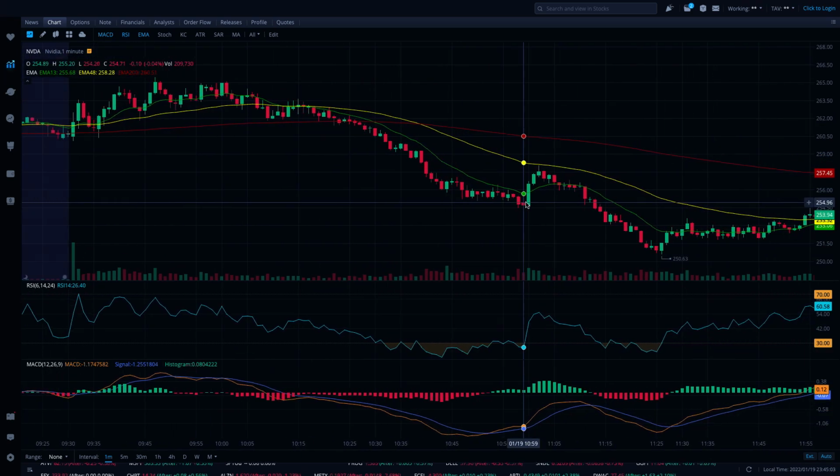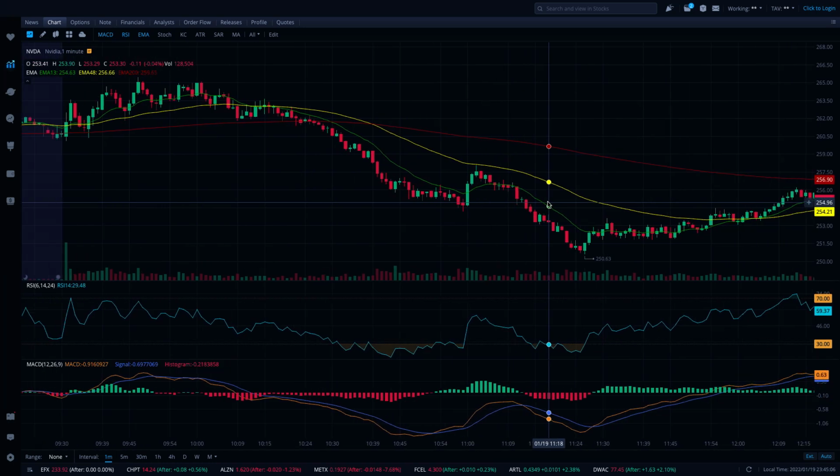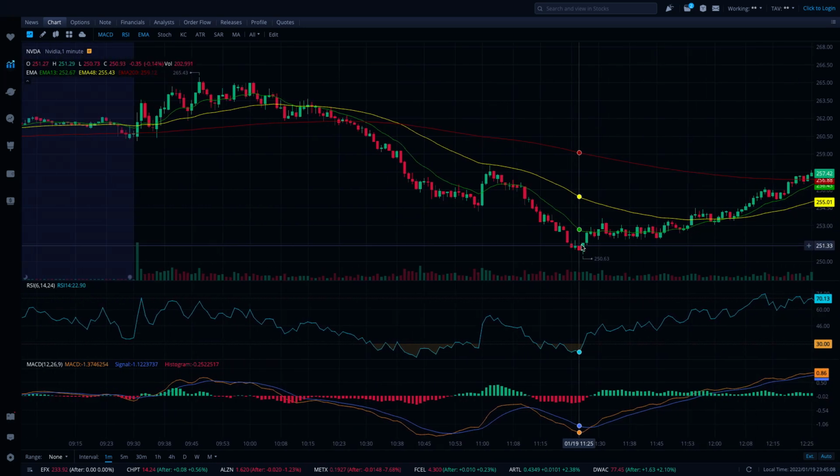That is a $10 move. You want more? There you go. There goes some more. There's 250. All right. That should be a 5-fold move on your options call. Okay. So again, you want to look at the overall trend.